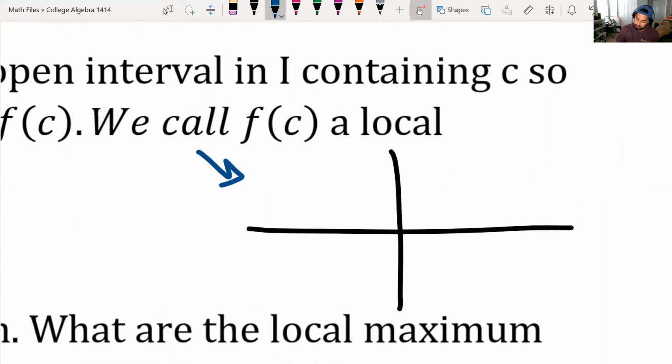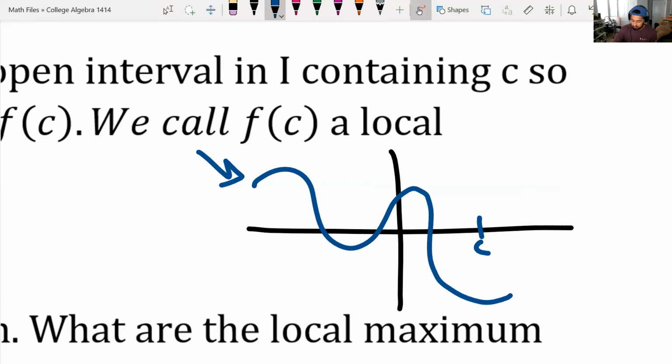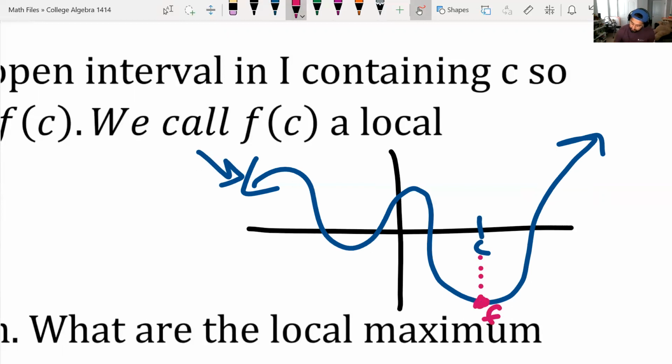So once again, here's c. Actually, there's c. And now my graph looks something like this. And what we're saying is that this point, which is f of c, is the lowest point, one of the lowest points on the graph, and that by definition, all of these y values, there's f of x, f of x, f of x, you get it, right?